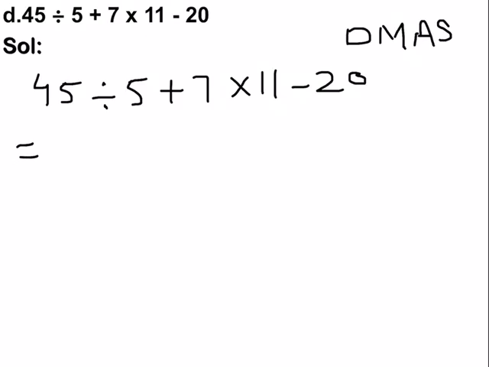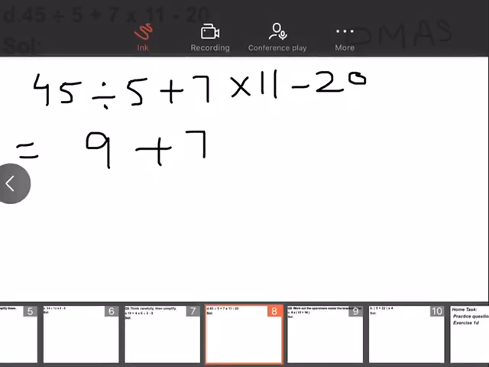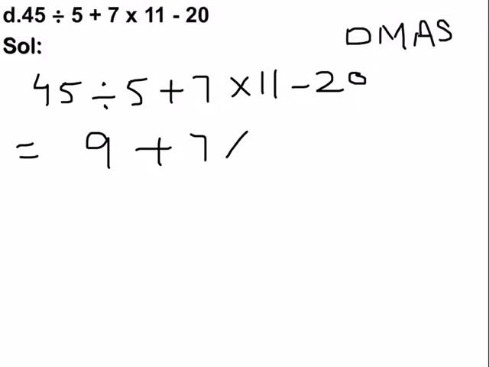First we will solve division, that is 45 divided by 5. 5 1s are 5, 5 2s are 10, 5 3s are 15, 5 4s are 20, 5 5s are 25, 5 6s are 30, 5 7s are 35, 5 8s are 40, 5 9s are 45. Understand? Plus 7, plus 7 multiplied by 11 minus 20. Now the next step is multiplication.